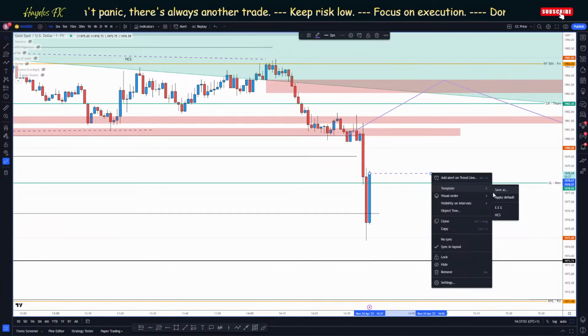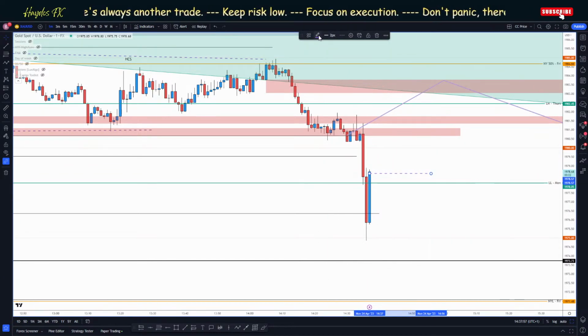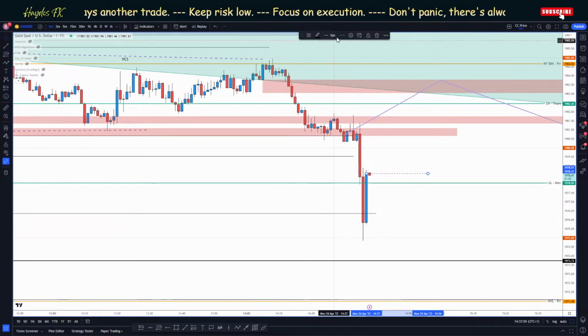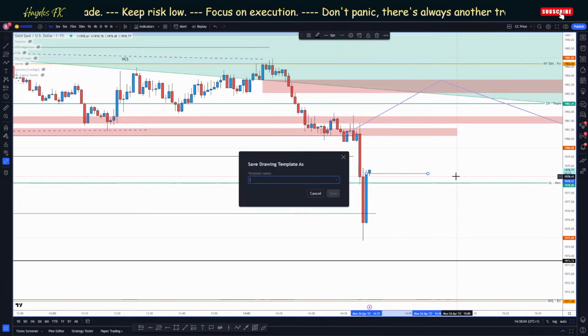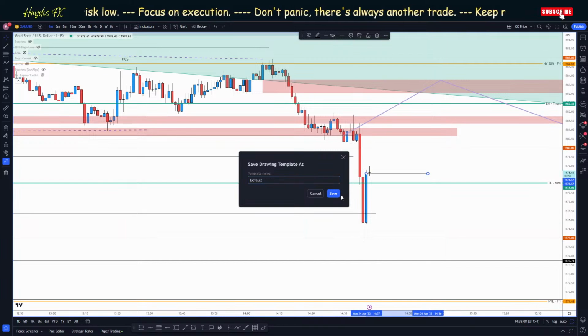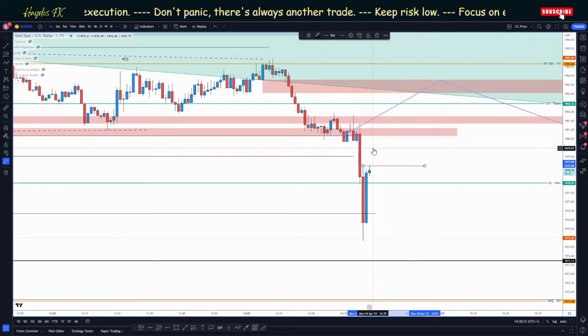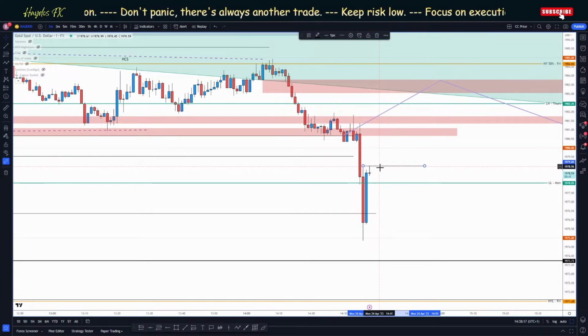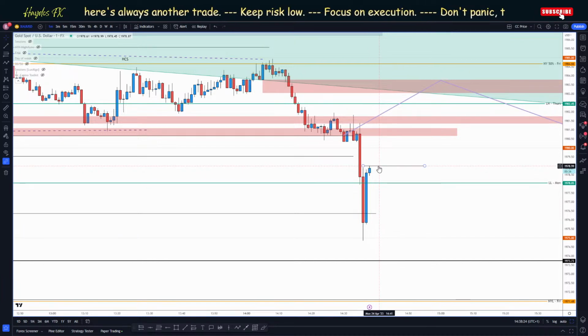I'm waiting to see where the high is, and then that high should just be the high of the retracement. Save as default. So could retest this at the 1980 and then retest this low. So I just want to see something.